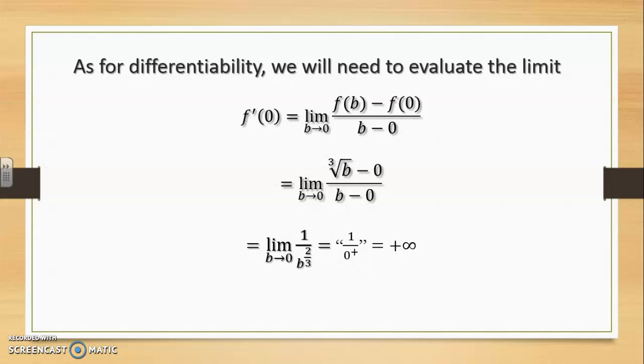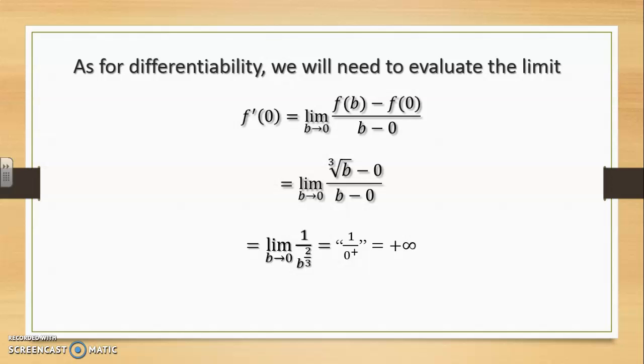The cube root of b is how f at b is defined, canceling off the zeros and using our laws of exponents. We notice that at the top, cube root of b is b to the 1/3, and at the bottom we have b to the power 1. So our rules of exponents allow us to reduce this to 1 over b to the 2/3.